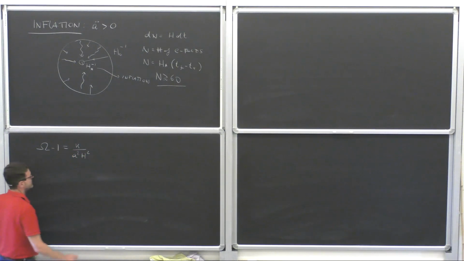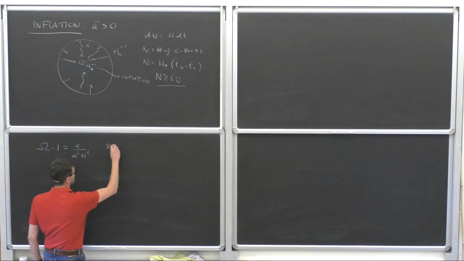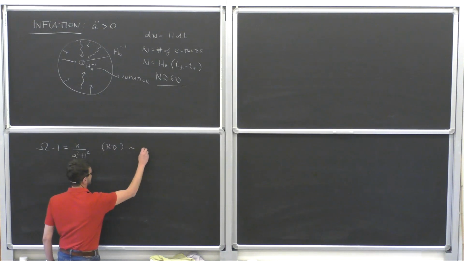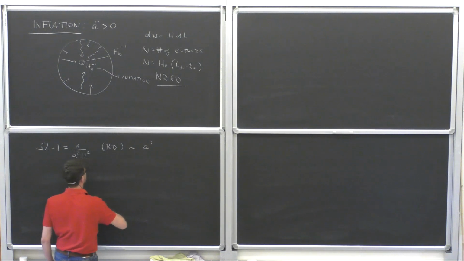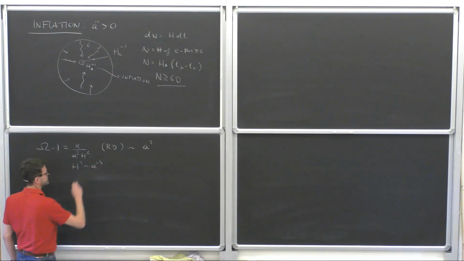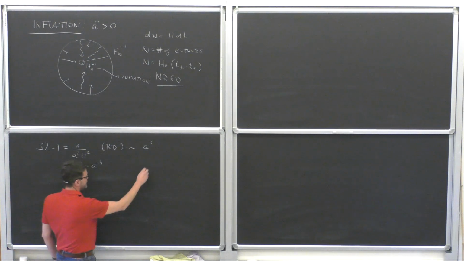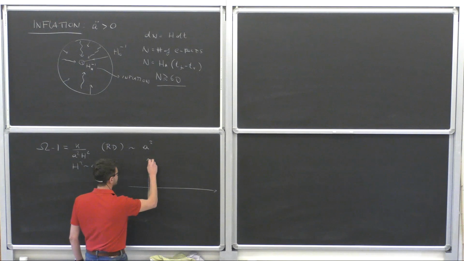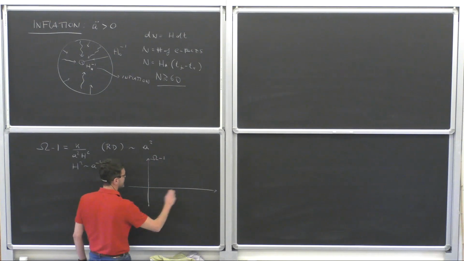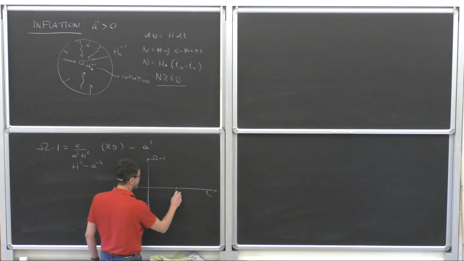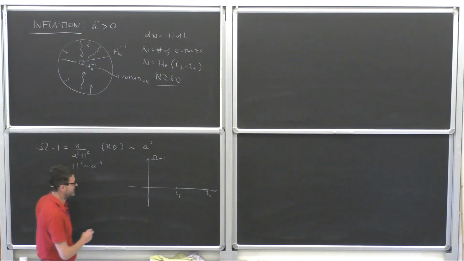We discovered that during radiation, this object goes like a squared, and the reason is because H squared goes like a to the minus 4. And we discovered that, in fact, in order to explain the value today, if we plot omega minus 1, let's say that this is T0, this is some Tf, which is going to be identified with the end of inflation.